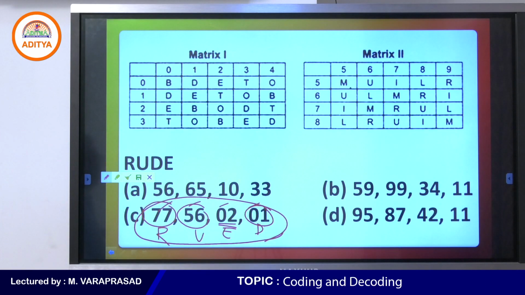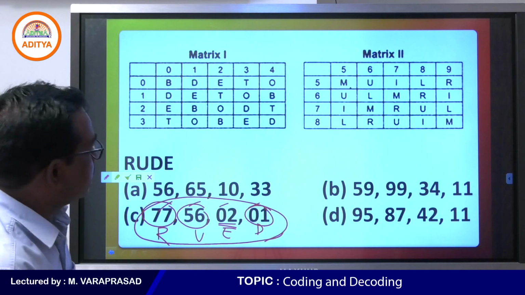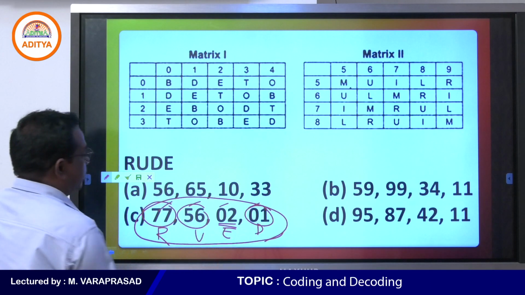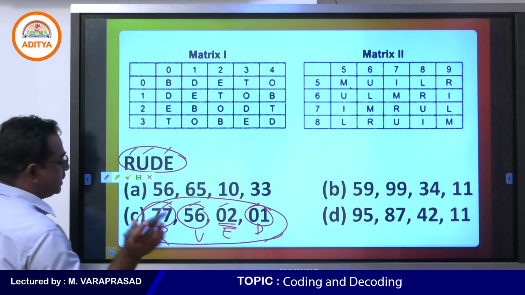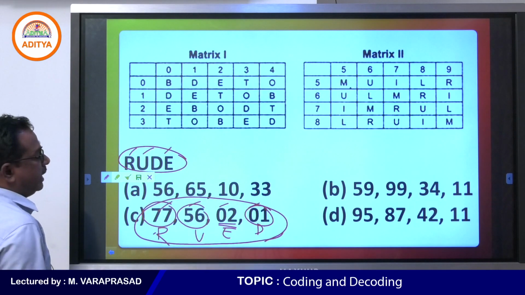Option C is correct only, but the options are not in a proper manner. Rude is given as R-U-E-D. Yes, option C. So the answer is in a jumbled manner.